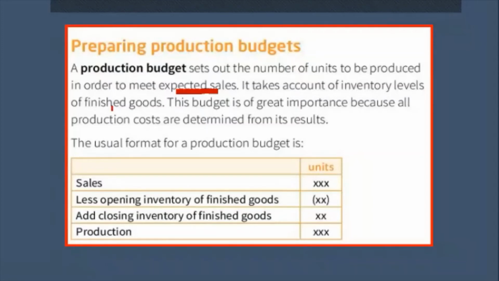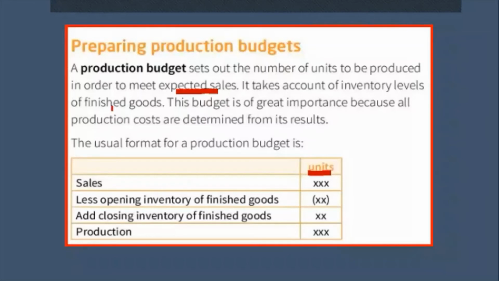The usual format for the production budget is you can have it like this here. You start with the sales in units. Notice, it must be in units, and the amount of sales units that we expect for the period.